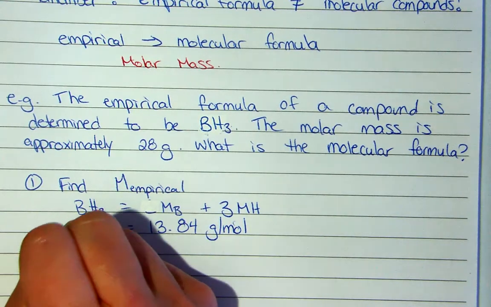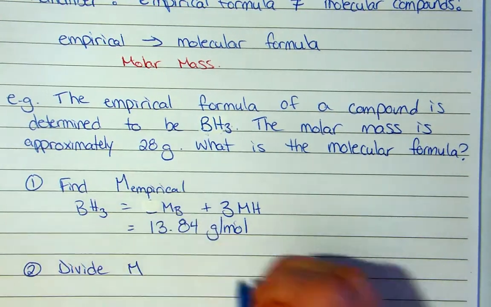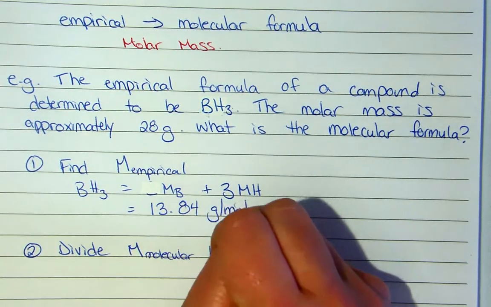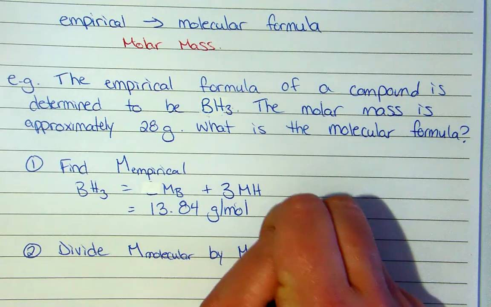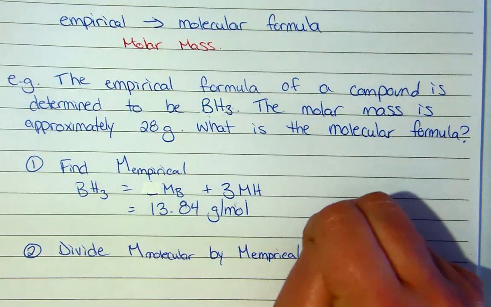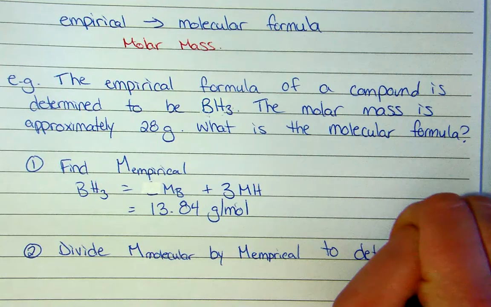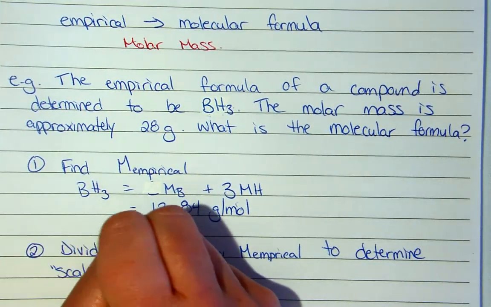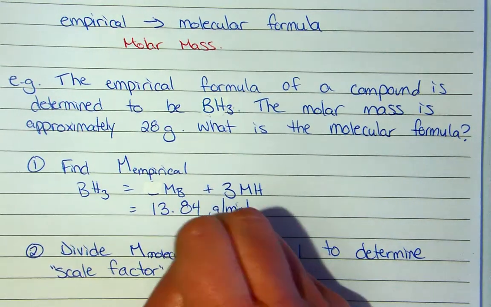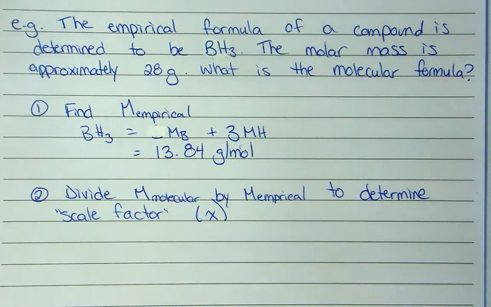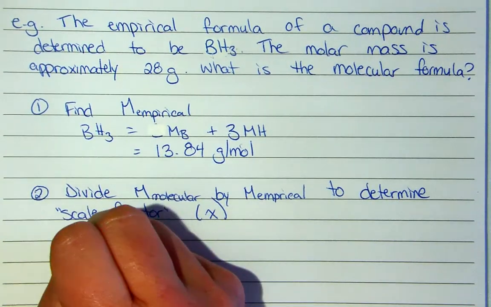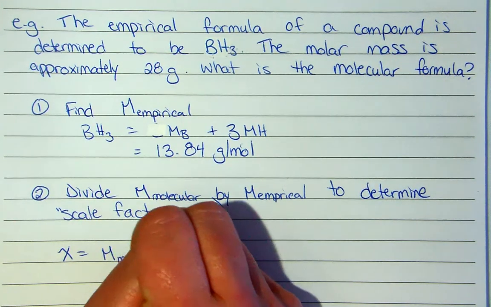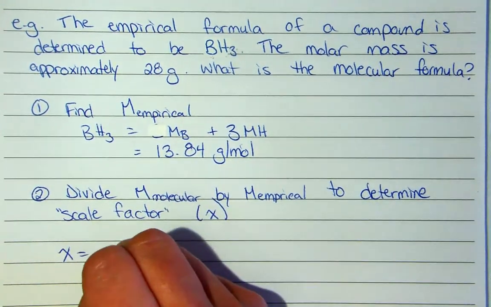We are going to divide the molar mass of the molecular formula by the molar mass of the empirical formula to determine our scale factor, which I'm just going to call X. So X is the molecular molar mass divided by the empirical molar mass.